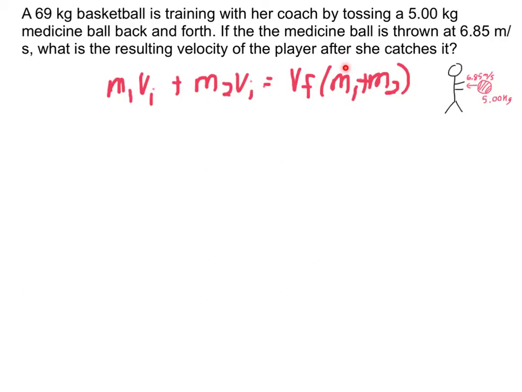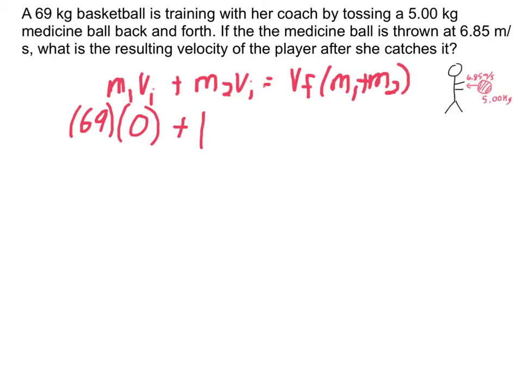All right, so let's call object 1 the basketball player. So I have 69 kilograms that I substitute in here. And then vi initially is 0. I'm going to solve this through with numbers as opposed to letters to try to highlight some of the things, make it a little bit easier for you to understand. But the initial velocity of the basketball player is 0. She's just standing there, stationary, right?